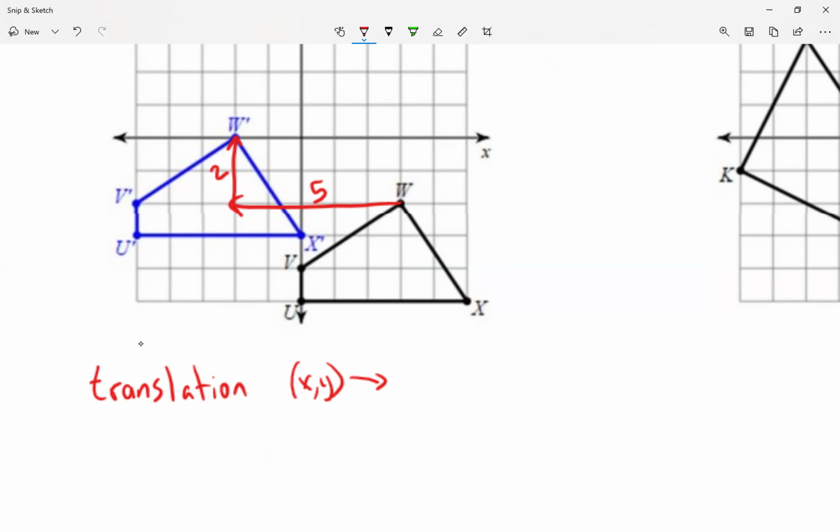Don't you worry. For your homework, you're going to choose. It's going to be translation, rotation, reflection, dilation. Again, today's homework is going to be all translation, but on the quiz this Friday, you have all four combined. So I need you to get used to choosing what it is.